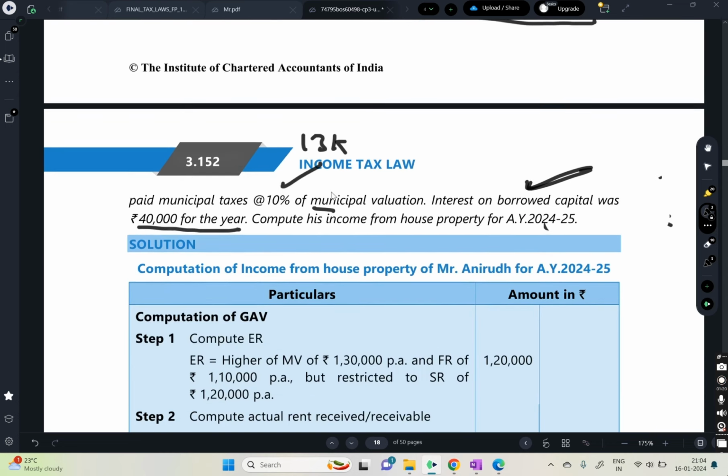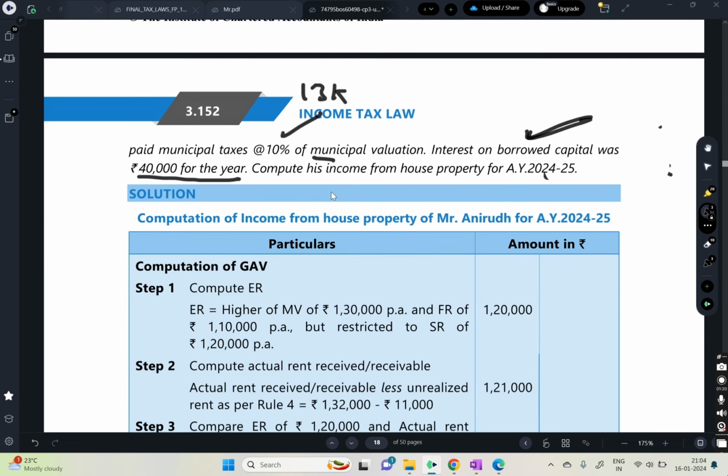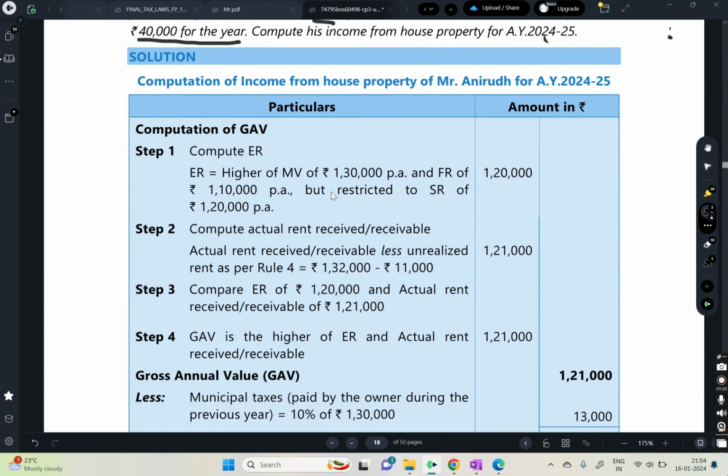Now come to the GAV. If you see the GAV part, we got 1,21,000 only, because the actual rent we got is 1,32,000, and from that you can deduct the 11,000. Either you can do it this way, or we can find it in the normal way. GAV is equal to 1,32,000.